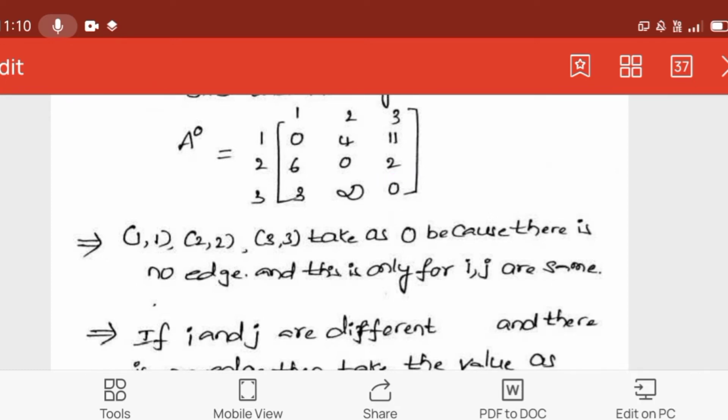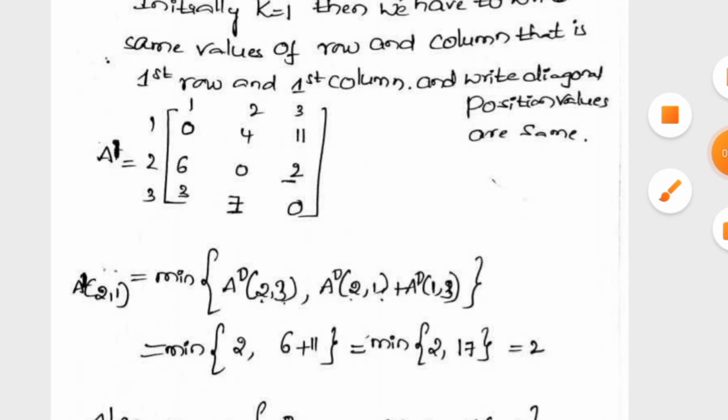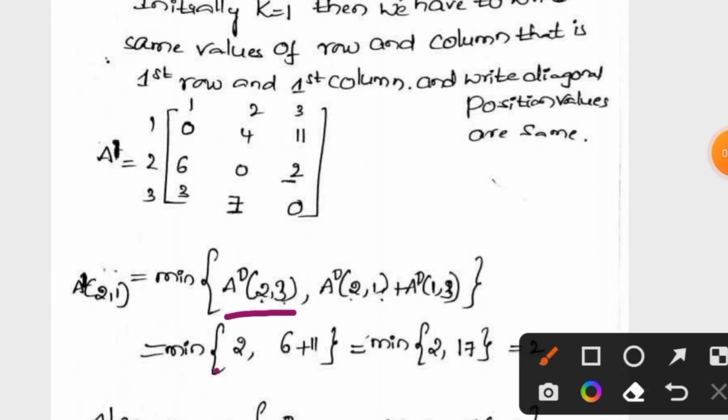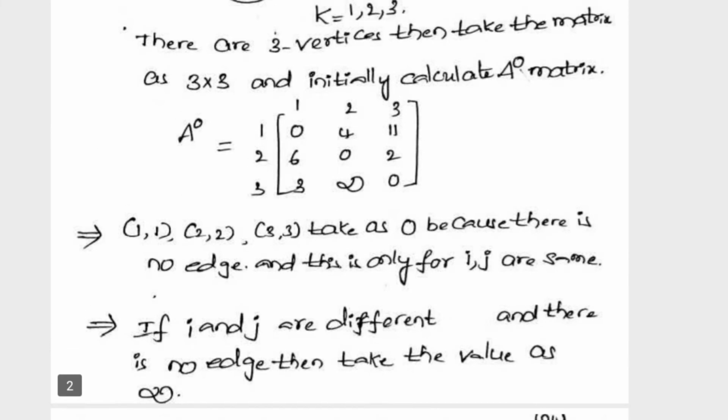So we take the A power 0 2 comma 3 value, 2, comma the A power 0 2 comma 1 value from A power 0, that is 6.